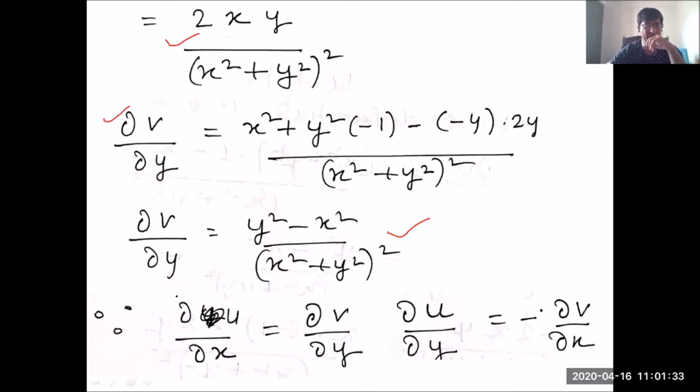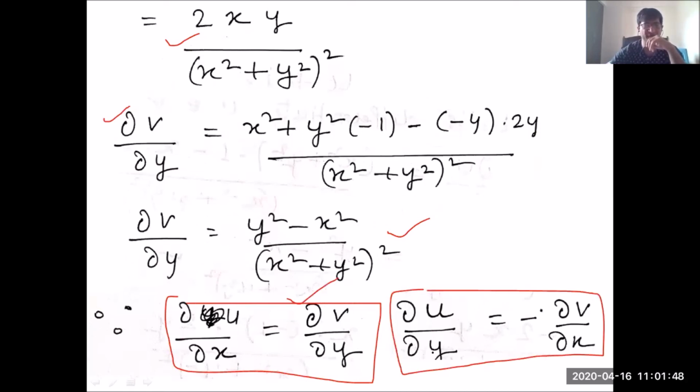If you can see, del u with respect to del x is the same as del v with respect to del y, and that is what we want. Similarly, the second part is also satisfied: del u with respect to del y is equal to the negative of del v with respect to del x. Since both parts of the CR equations are satisfied, we can call it an analytic function. So this is an example of an analytic function.